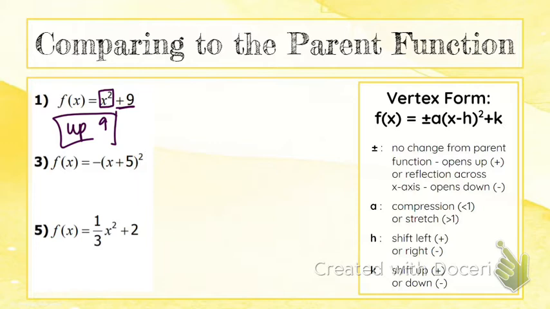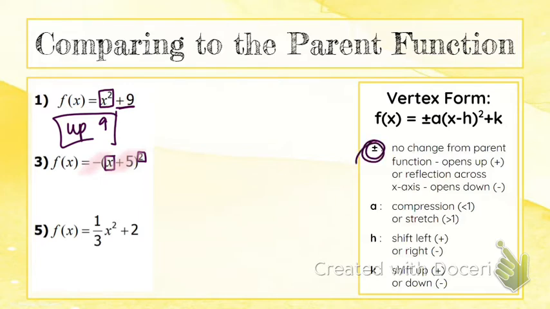Okay, so the next one, our parent function is x squared. That's the only part that is the parent function. So we need to talk about the minus and the plus 5. So the negative is out here where a should be. And in the parent function, a is just equal to 1. But it didn't change the number, but it did change the sign.